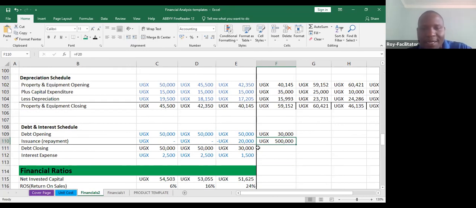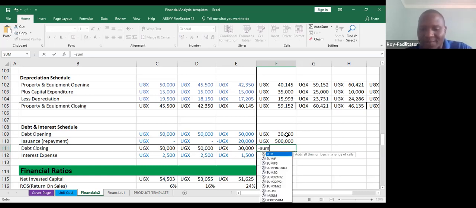That means the closing debt is what I had in the beginning plus what I borrowed this year, which is what I will close with at the end of the year. So the closing debt is the total, which I can sum up and say this equals this.